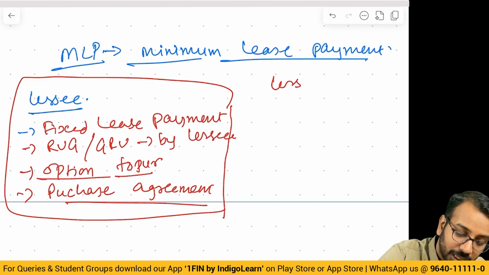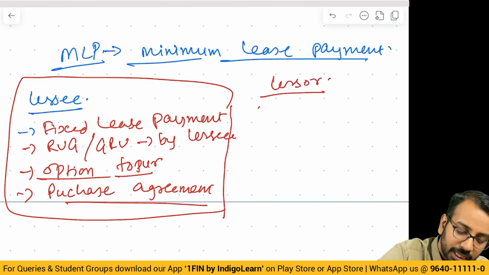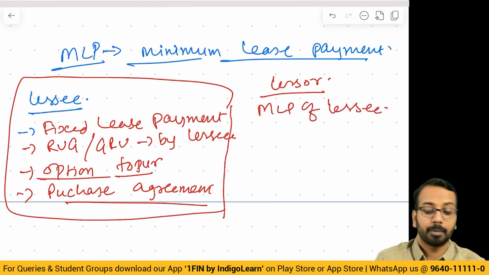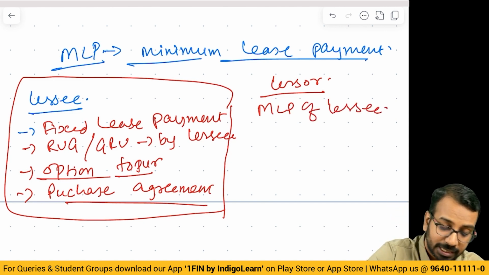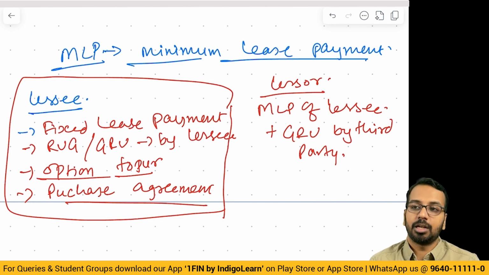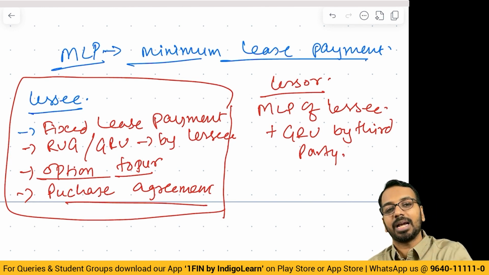When it comes to the lessor, the minimum lease payment is the minimum lease payment of the lessee plus guaranteed residual value by any third party. When I say guaranteed residual value by a third party, it basically means someone other than the lessee has given me a guarantee.